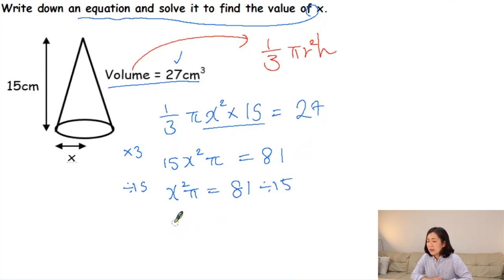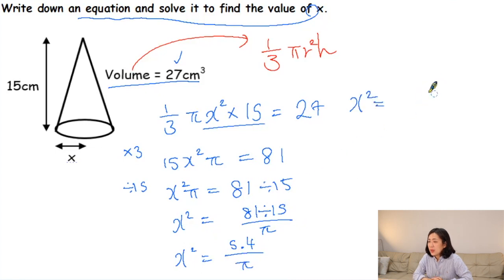Now this time, let's divide each term by pi. So x squared will be 81 divided by 15, then divided by pi as well. Now we calculate 81 divided by 15, that will be 5.4, over pi. So x squared will be 5.4 divided by pi. Use your calculator, then you can get 1.72.